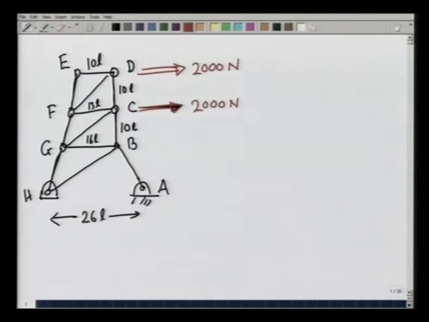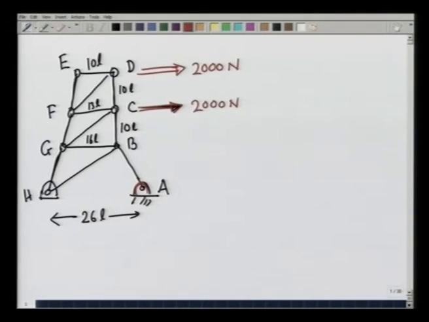And we want to calculate the forces on different members. Notice, since both point A and H are on fixed pins, this problem is statically indeterminate externally. Let us see how.